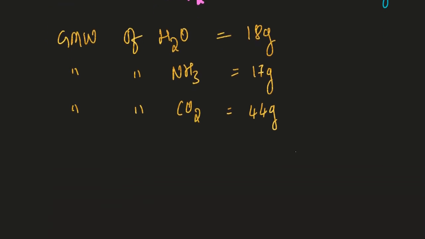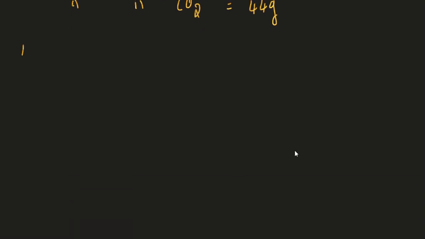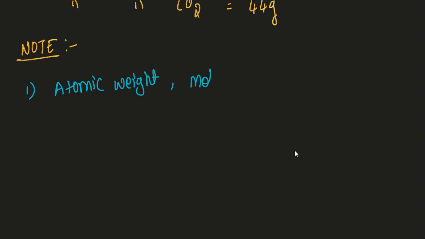Let us take one small note. Write down the heading: Note. In the note we are going to write the latest words. Instead of using the word atomic weight or molecular weight, as you know, we can use the word weight, or if you want you can use the word mass also.